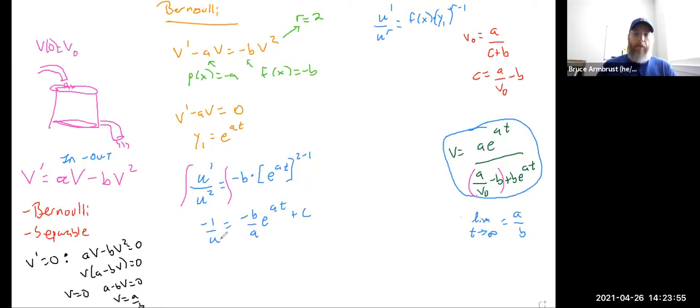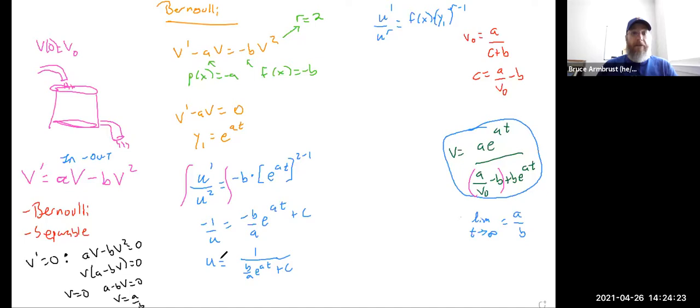So we'll get rid of the signs, and then we solve it for u by flipping it over. So it's going to be 1 over b over a, e to the at, plus c. I know that multiplying the negative makes it a minus c, but a negative arbitrary constant is the same as a regular arbitrary constant.